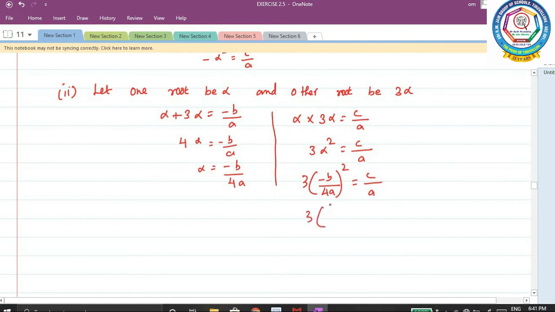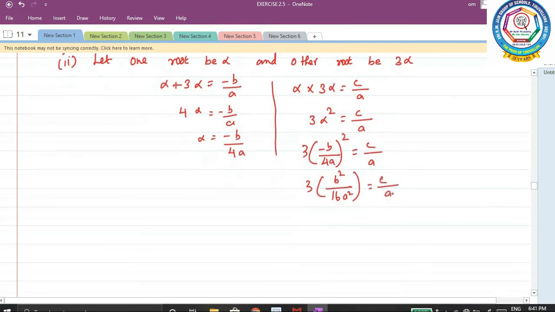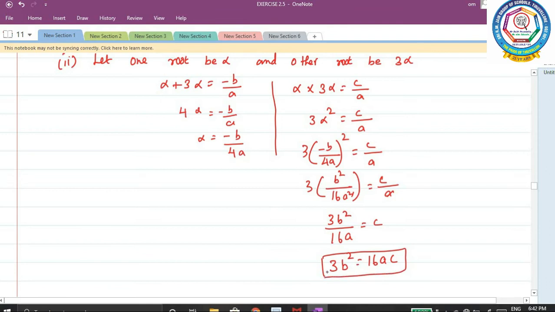So 3 into b square, 4a square is 16a square, equal to c by a. Now we can cancel one a. Therefore 3b square by 16a is equal to c. Cross multiplying, 3b square is equal to 16ac. This is the condition of the second one.